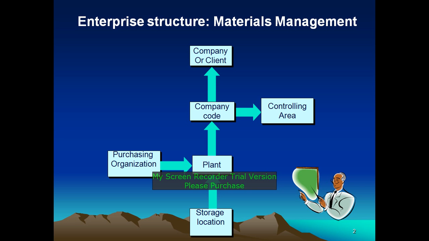For example, the client has two different company codes and each company code has plants assigned to it. Company code 1 has two plants and company code 2 has one plant. Purchasing organization 1 is assigned to plant 1 and plant 2 because it's responsible for both of the plants in company code 1.